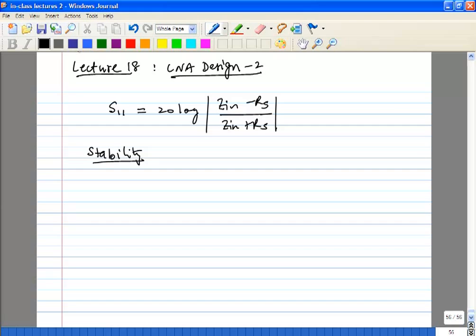But if you don't have to do that, then you don't do matching at the output; you would include the load of the mixer as part of your tuned circuit. That way you would have to worry about S11, but there's no longer a problem with S22 and so on.